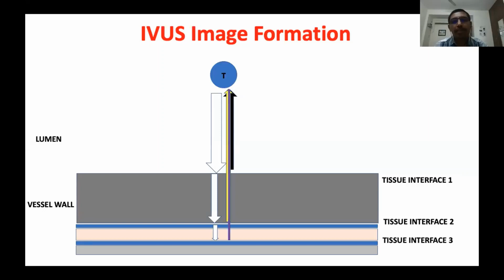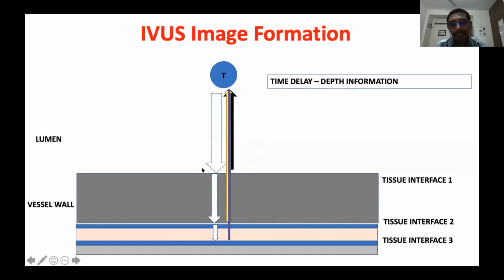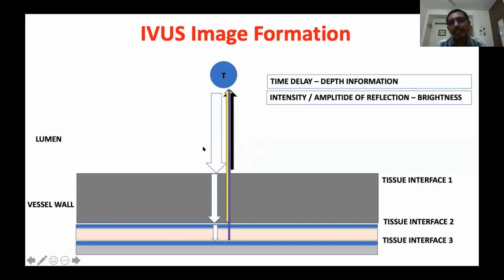So this will reach us early, and this is delayed, and this is further delayed. So this will provide the depth information. And then the second thing is, what is the intensity? What is the strength of the reflection? The higher the strength, the structure appears brighter, and the lower the signal strength, the structure appears darker. That is what they call reflectivity.